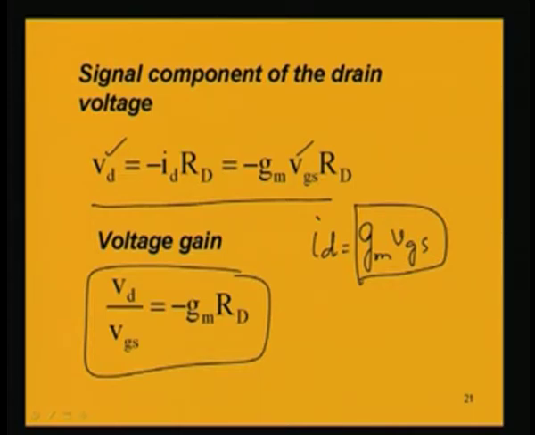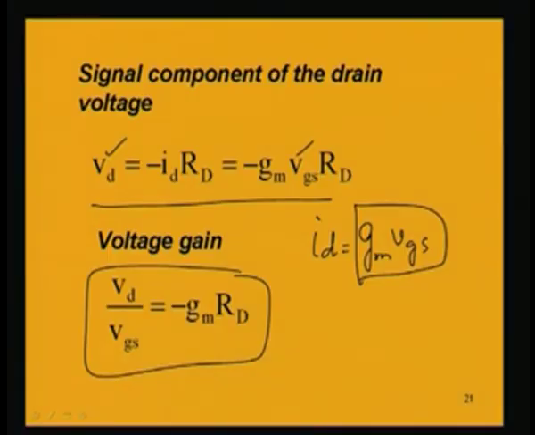Now, if we look into the term, g_m, the transconductance for the MOSFET, is a parameter which is defined for a particular MOSFET.